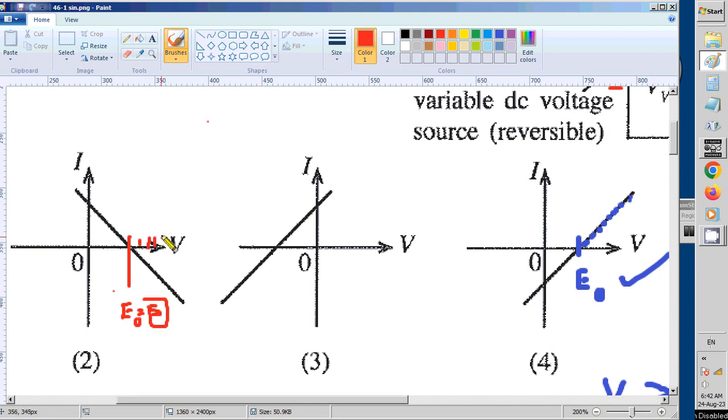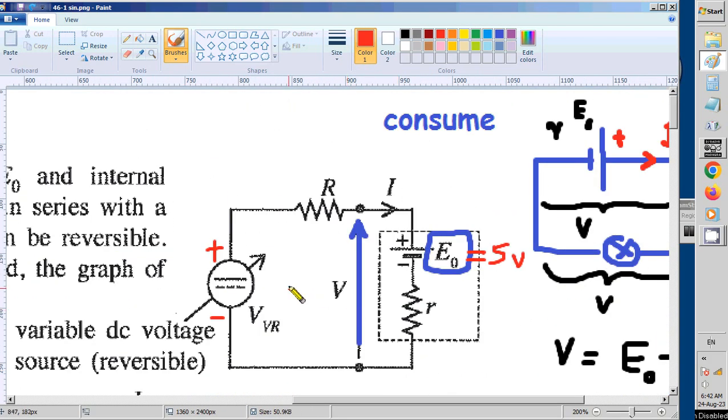Here 6, 7, 8, 9, like that it is increasing. Then this battery is being charged. This battery is being charged because the current enters the positive side. So we discussed it earlier. It's being charged.